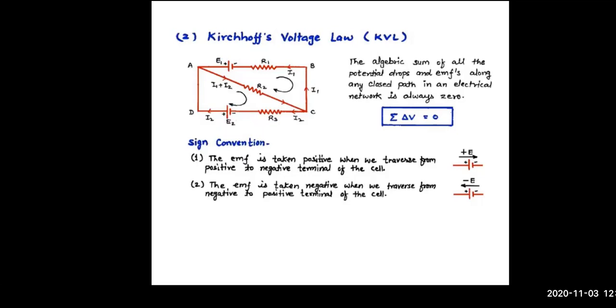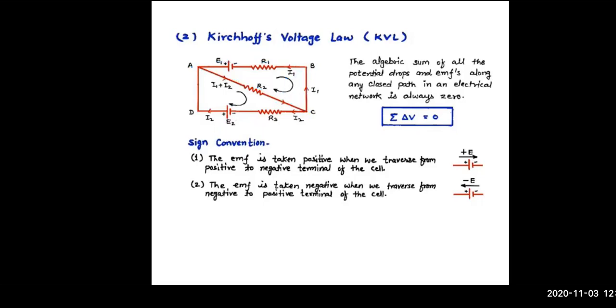So here the loop is A, B, C, A. This is one loop over here. And the current that is flowing in loop 1 is I1. Right, children? Similarly, let's consider the second loop.